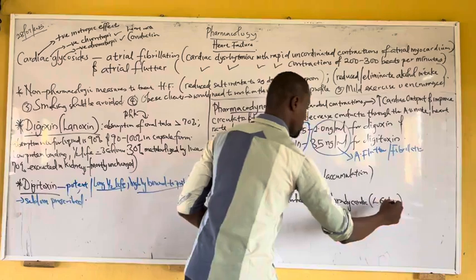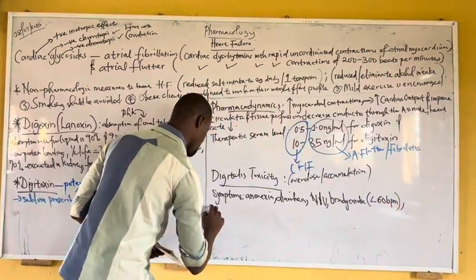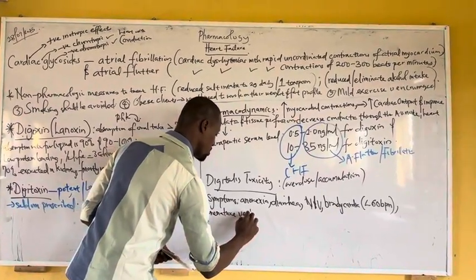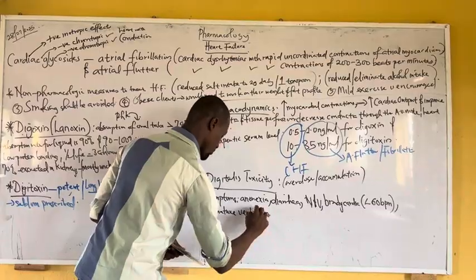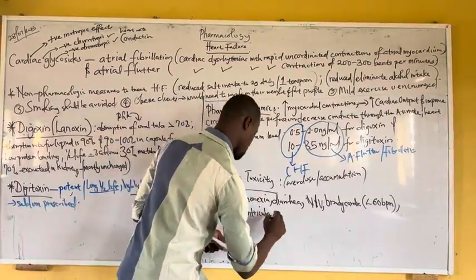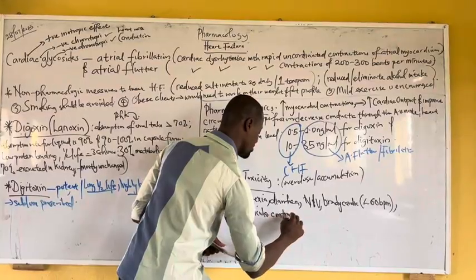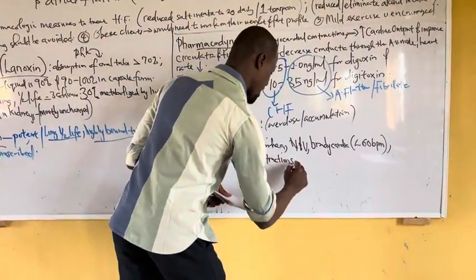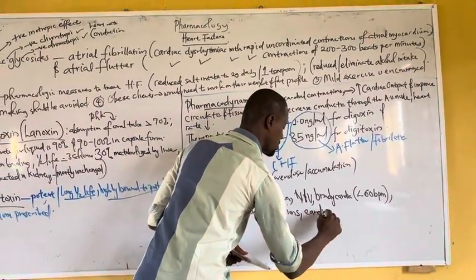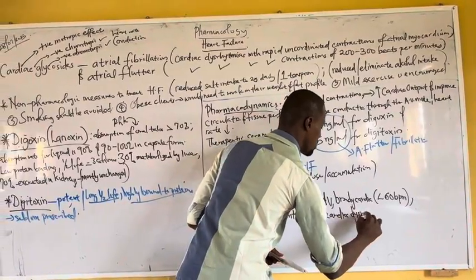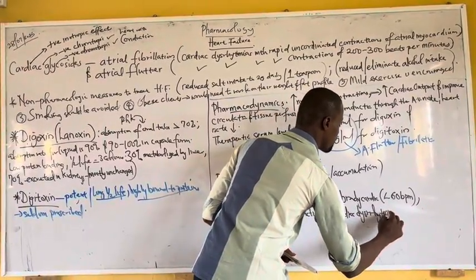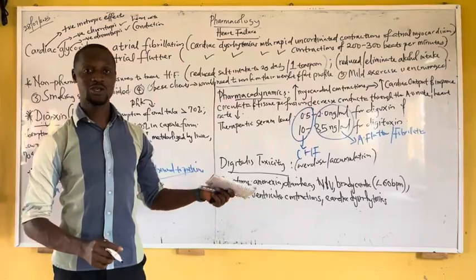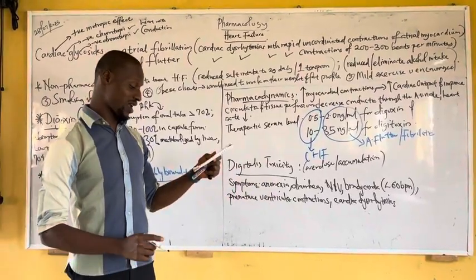I also mentioned premature ventricular contractions. So the contractions are not normal, they are not proper. Cardiac dysrhythmias. So in a way, the drug we want to use to treat the condition is also producing that same condition as an adverse effect.